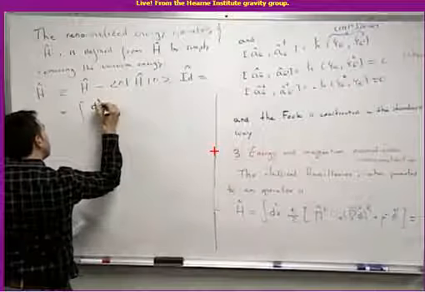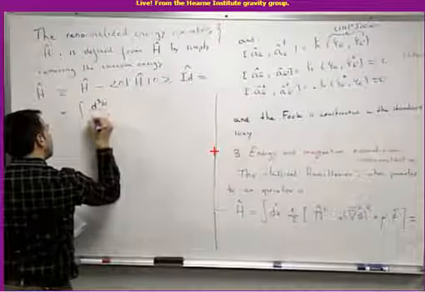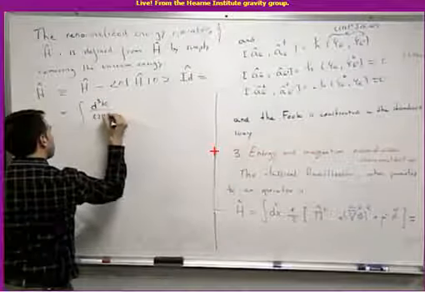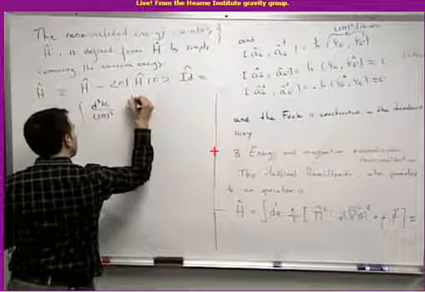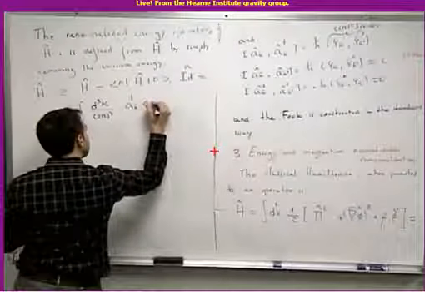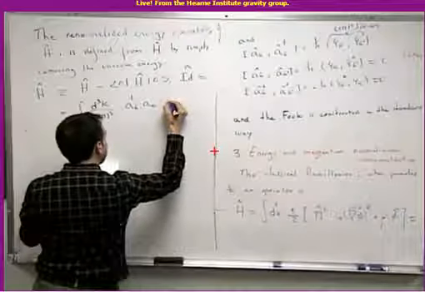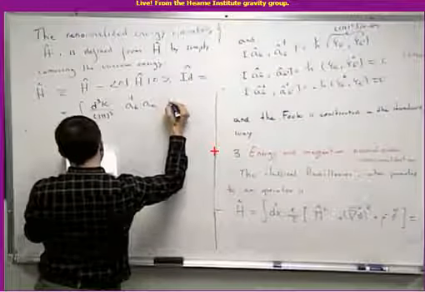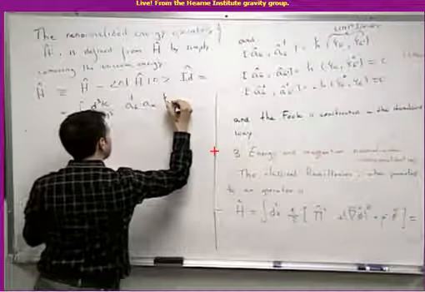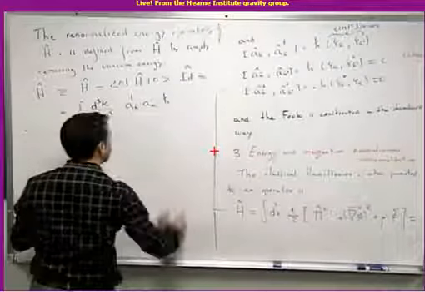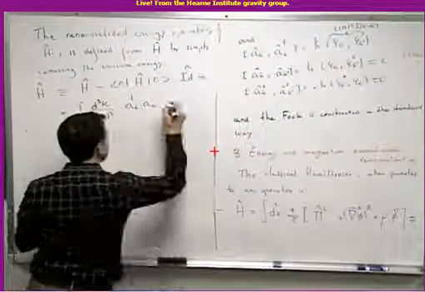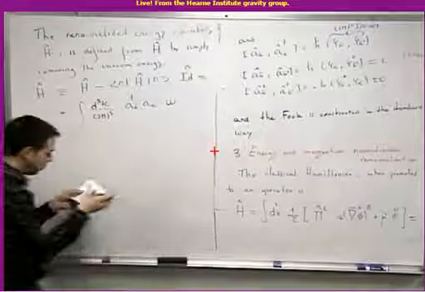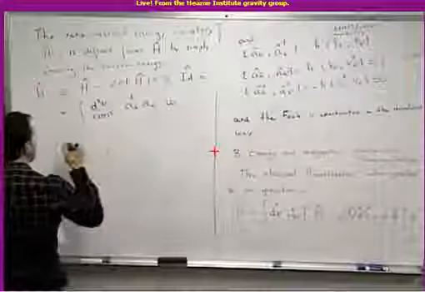So the expression for this is the sum over k of A dagger k A k times ħω. And this is called the renormalized Hamiltonian.